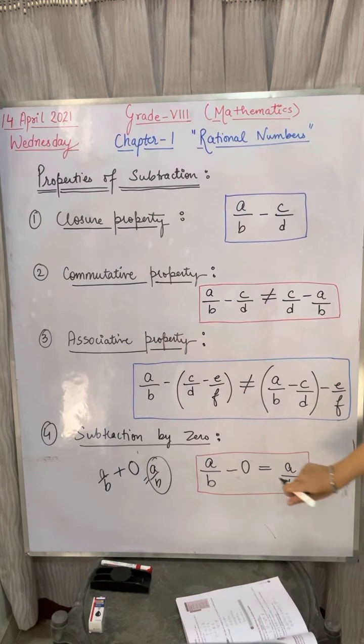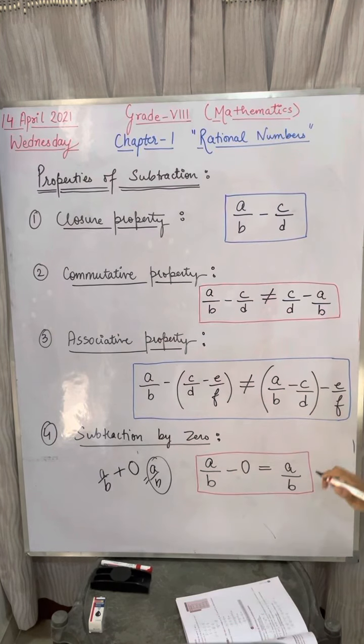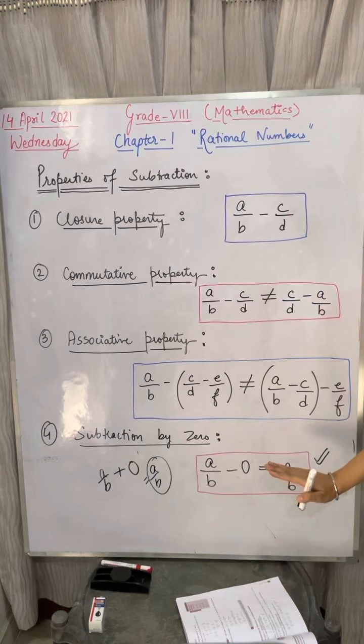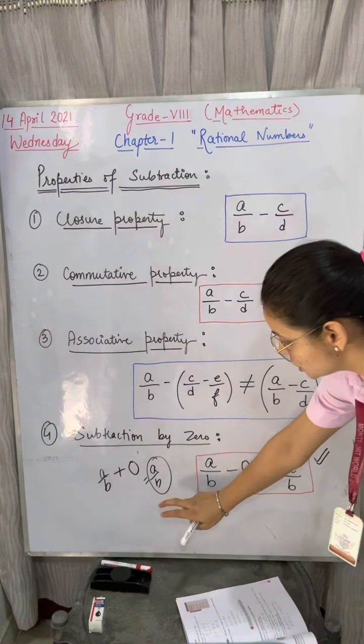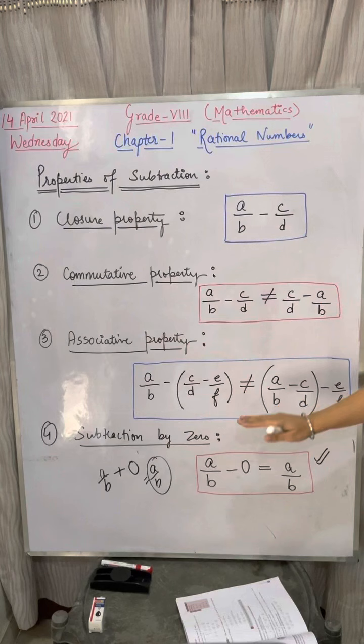Similarly, in subtraction, if I subtract 0 from any rational number, my answer will be that rational number. So the meaning is that if you add 0 or subtract 0, your answer will be that rational number itself. There is no change. If you're having any doubt, please read out these properties once again.